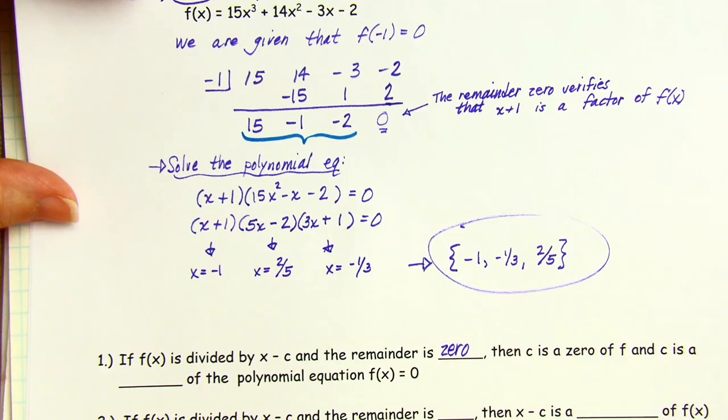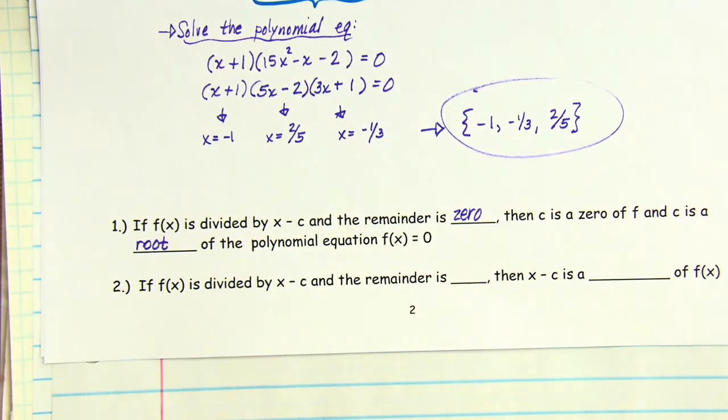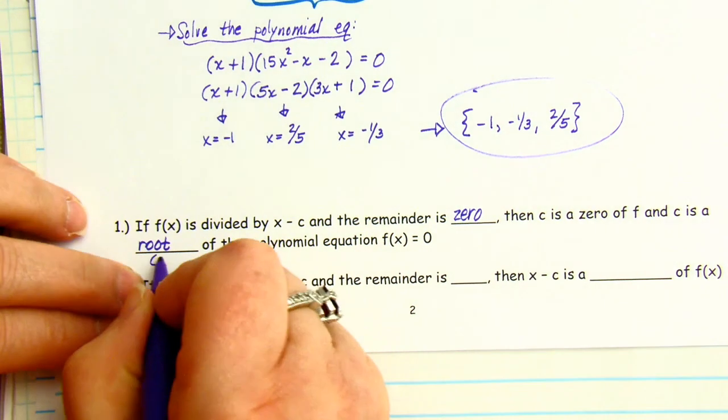And c is called a root. Remember, we talked about this before, roots and intercepts and solutions. Pretty much all basically mean the same thing. We could say or a solution, right?